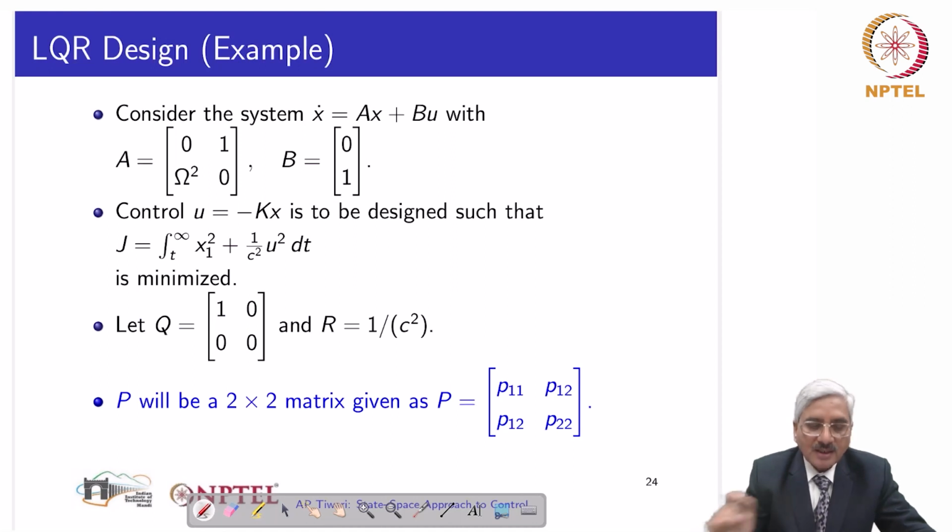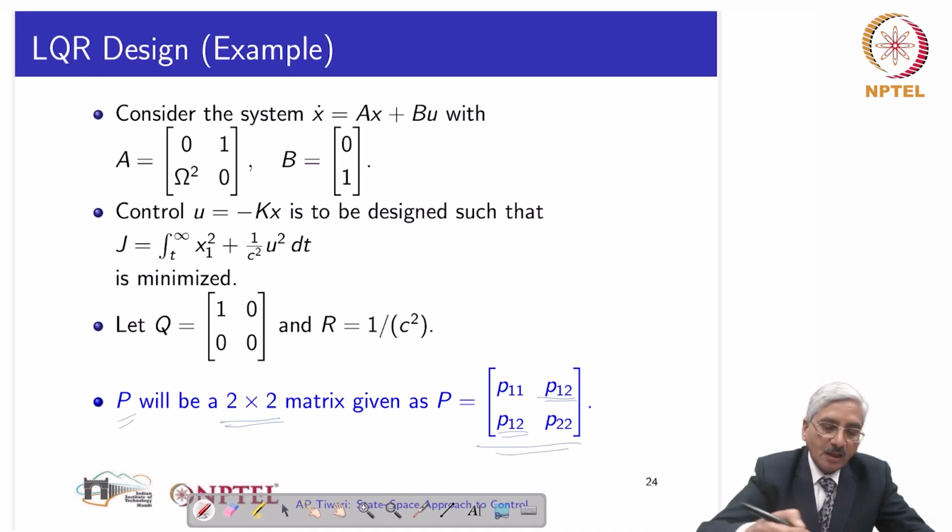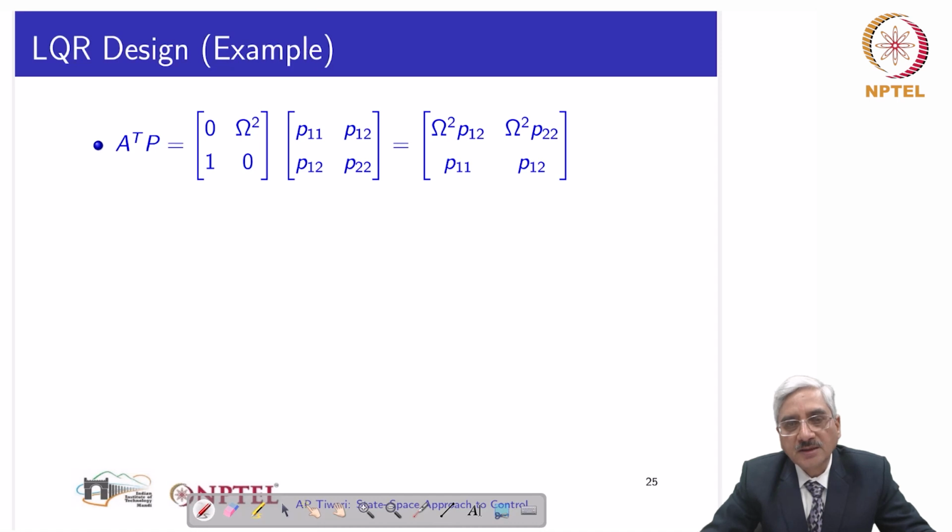Because it is a second order system, the matrix P will be a 2 by 2 matrix, and because it is symmetric, we have to assume it like this. In place of P21 we have P12 only, because it is a symmetric matrix. So we assume this form of P, and now we set up the algebraic Riccati equation.